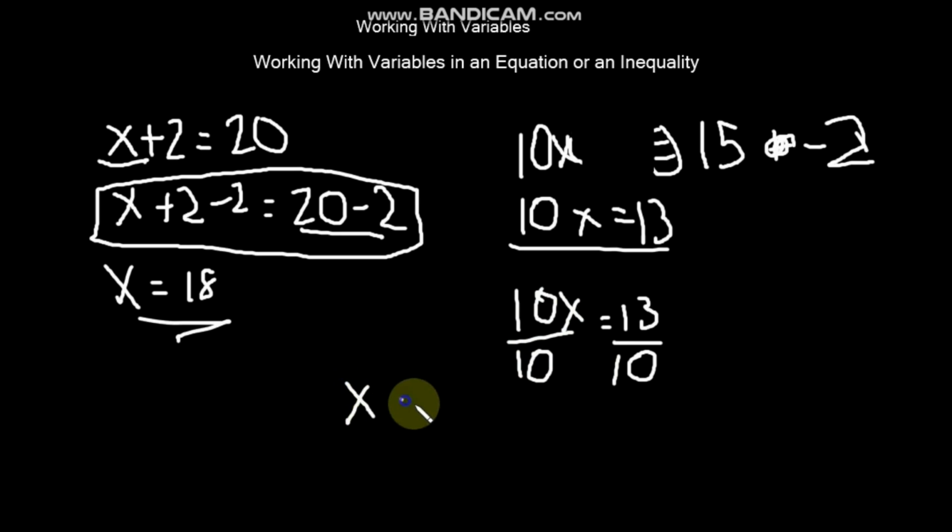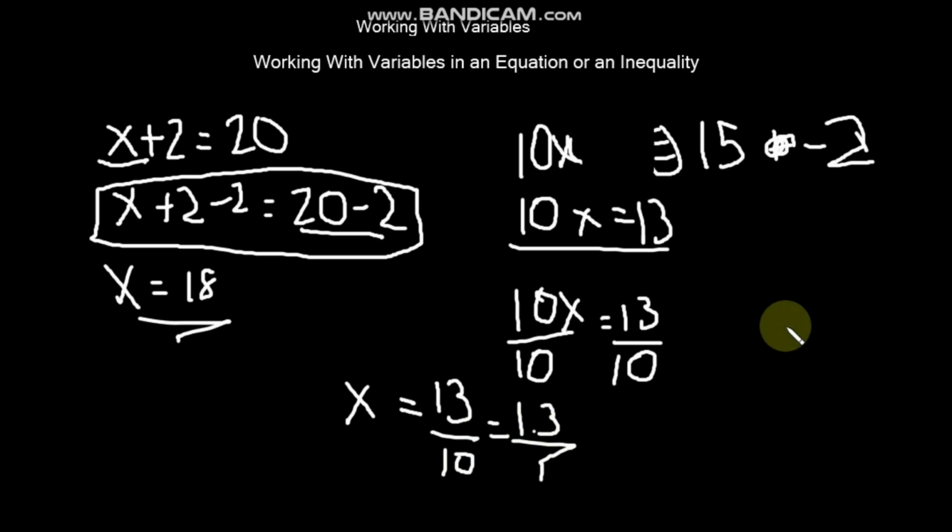So x equals 13 over 10, and this equals 1.3. So my point is, you don't really need to use this complex equation. You just need to get the unlike term to the other side.